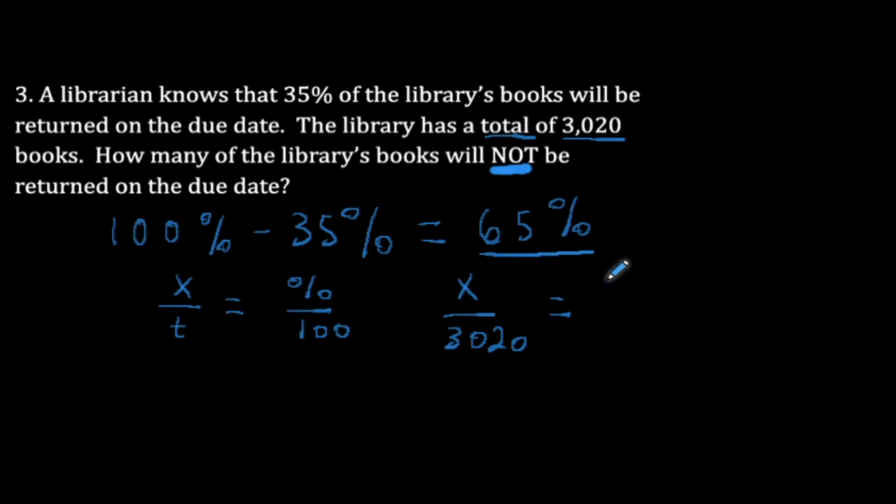So that would be 65 over 100. Okay, and then you can solve for X as you normally would. And so doing the math, cross multiplying and looking for X, that is 1,963 books that will not be returned on the due date. Okay, so let's go ahead and move on to question number 4.